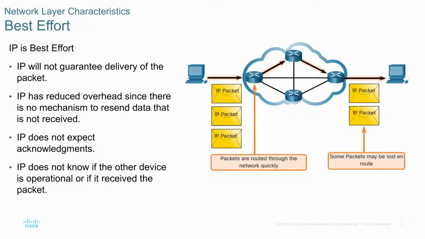IP does not expect acknowledgments. And again, TCP would handle that at layer 4. And IP does not know if the other device is operational or if it has received the packet. As in the case of TCP, that is set up beforehand.